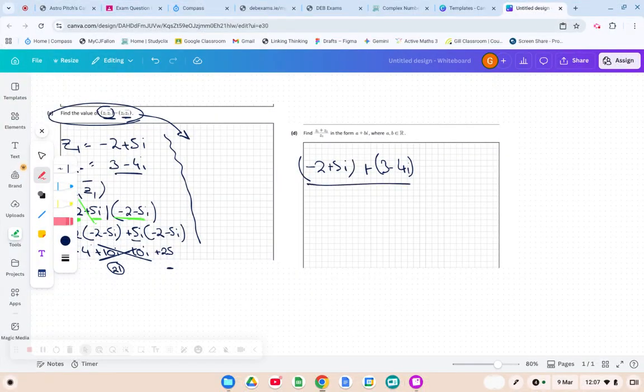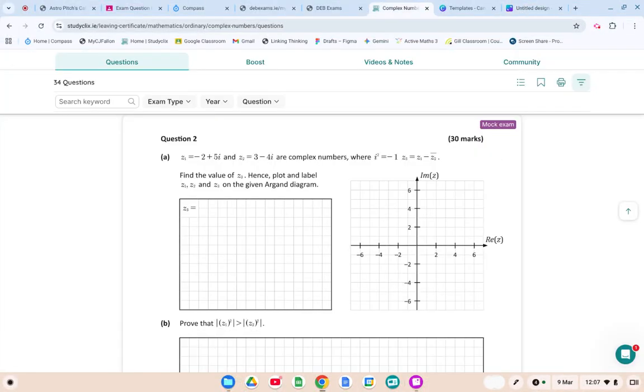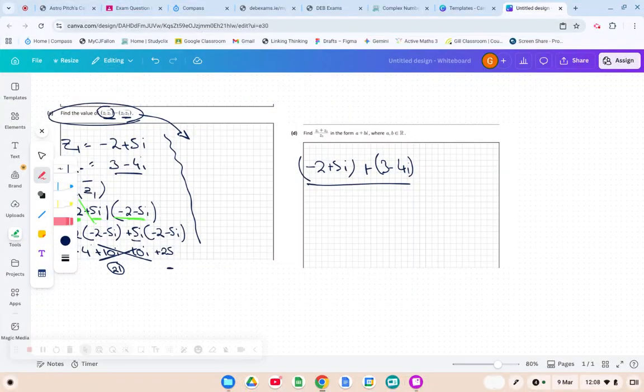And then you divide your answer by Z3, which came out at, I can't remember what Z3 worked out to be, and I cleaned out the whiteboard in the meantime. But we can do this tomorrow anyway.